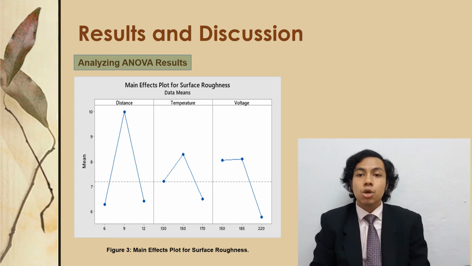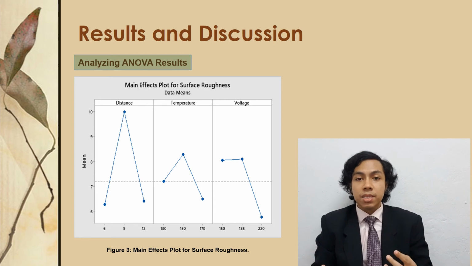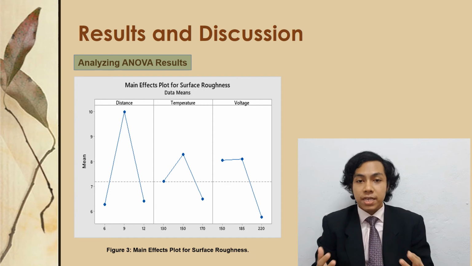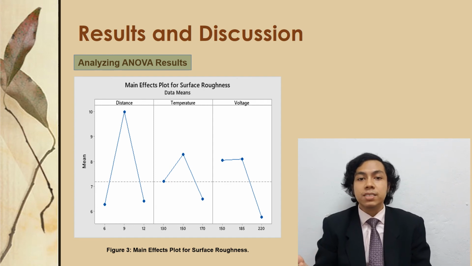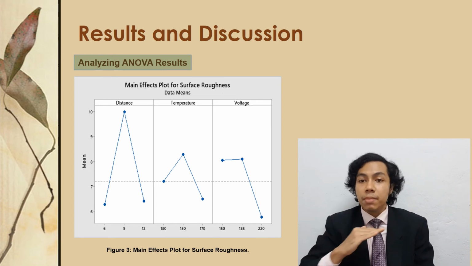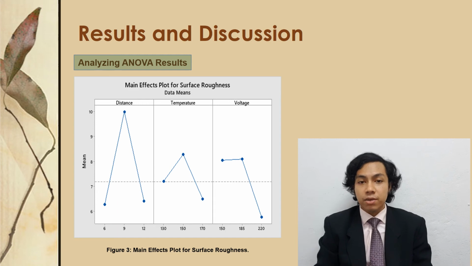Based on Figure 3, the average for heating distance at 9 cm has the highest mean surface roughness, while the average of voltage of vacuum suction is the lowest mean surface roughness, and heating temperature at 130 degrees Celsius lies on the mean line of the surface roughness value. The plot of main effect is basic and does not include much detail.